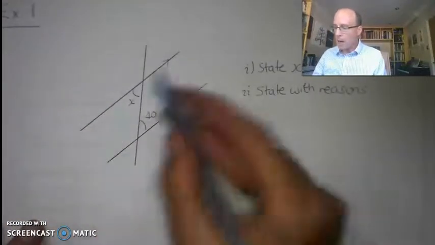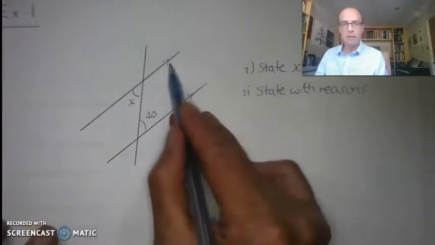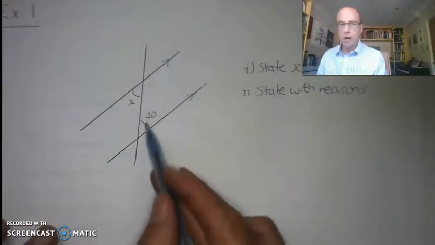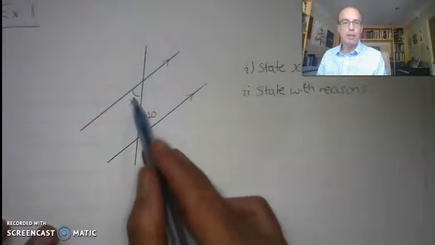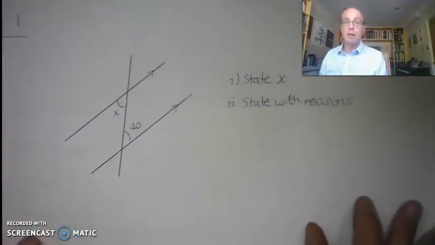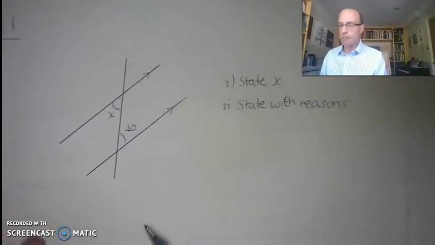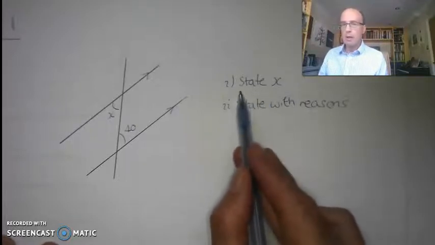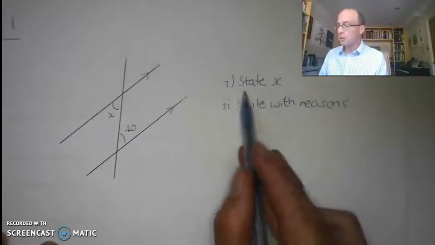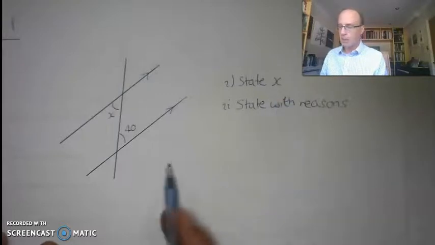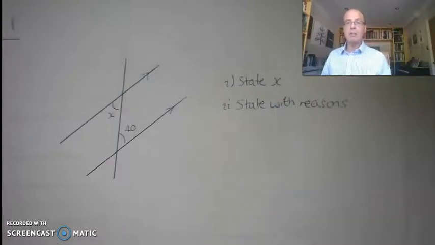Here we've got our pair of parallel lines, we've got our arrowheads telling us that they're parallel, and I've got two angles marked. I've got one here at 40 and one here that I've called X. I'm trying to find out X. Sometimes, if we're lucky, the question will say something like, state the value of X. So I need to have a think about trying to identify my shapes in the diagram.